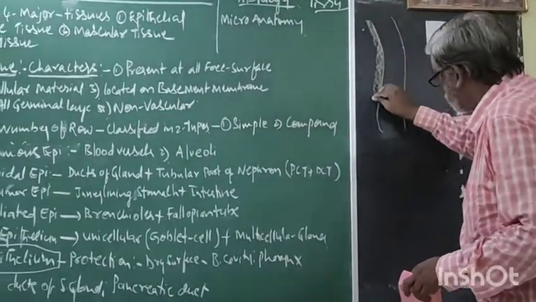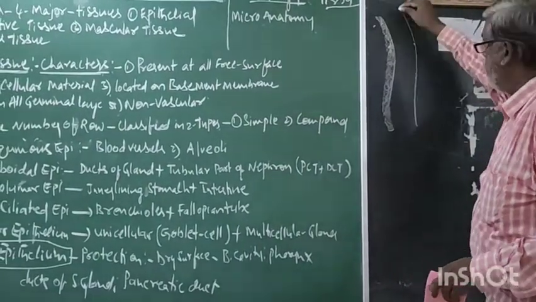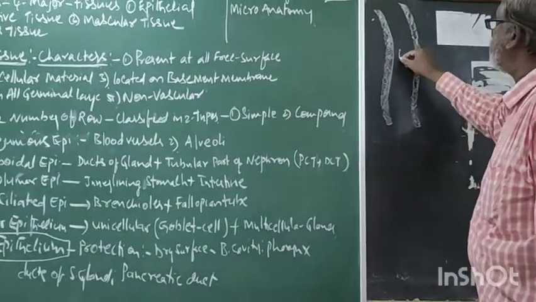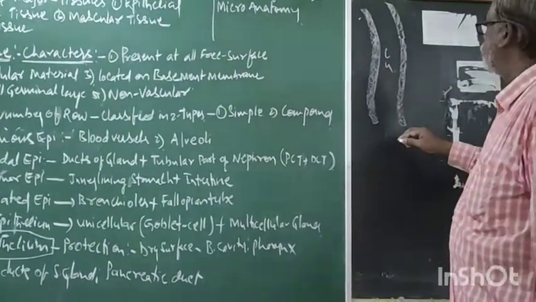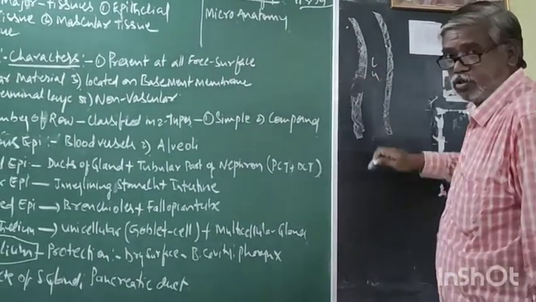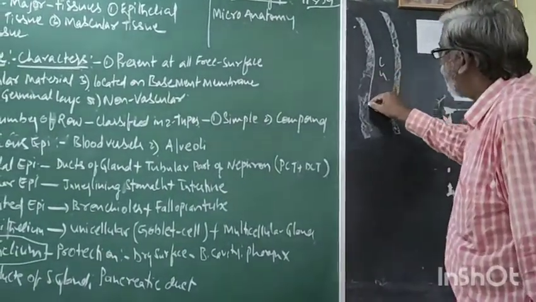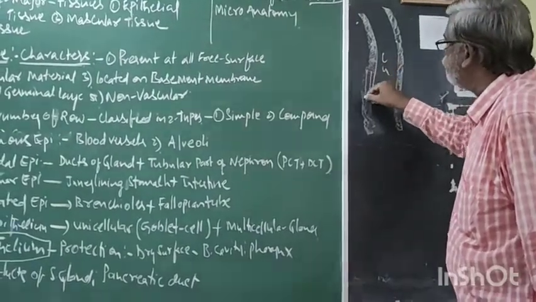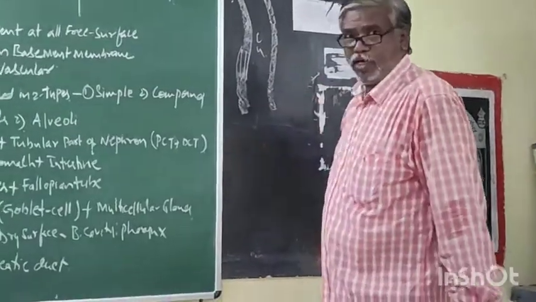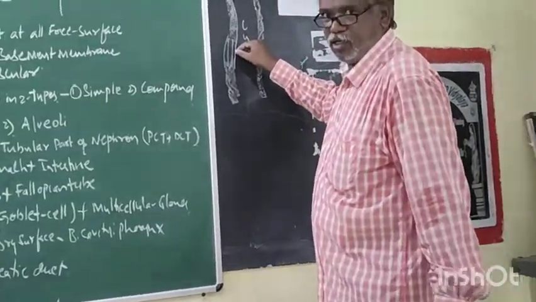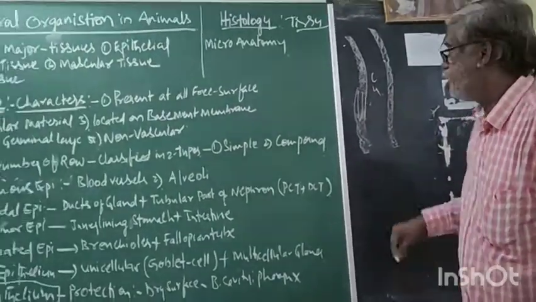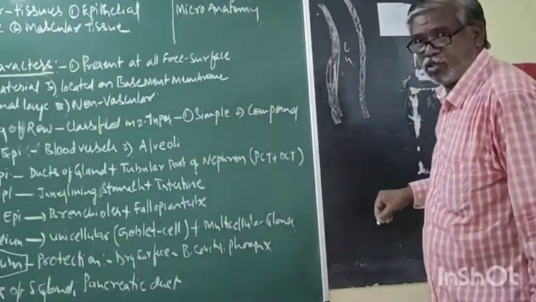It has a wall, and a cavity called lumen. This wall is made with four layers. Among these four layers, inner layer and outer layer have free surfaces.